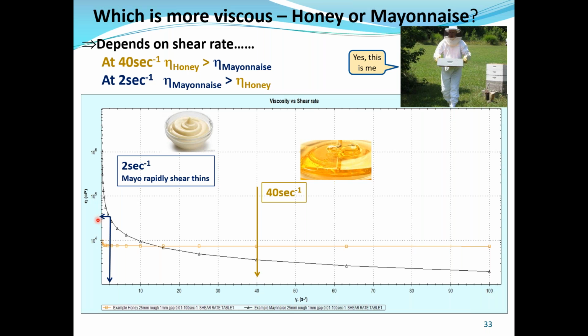Again, this is on a log scale. However, if we were to do that measurement at 40 reciprocal seconds, which is not all that high, we can see that honey is much more viscous than mayonnaise. Mayonnaise shear thins, honey does not. And yes, this is me harvesting some honey in our backyard. So there's actually some honey work that I did with honey I collected from the backyard.